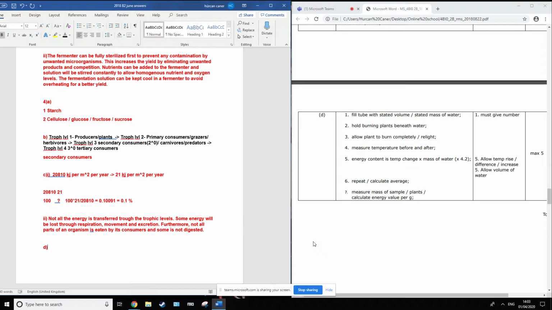So let's go back to the formula. You're going to calculate in joules. On the bottom, easiest one, you have the mass of your food sample. We measured it, and that's it. On the top, you have the final temperature minus the temperature at the start, the difference in temperature.